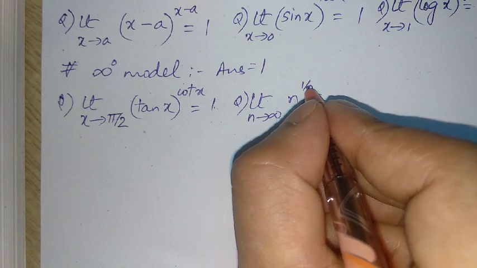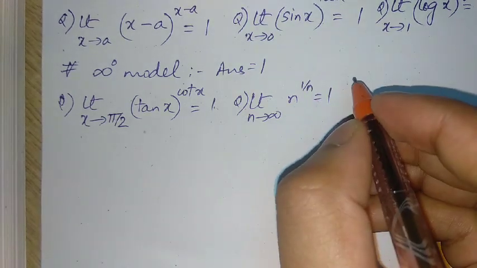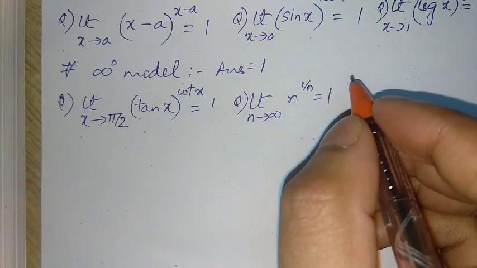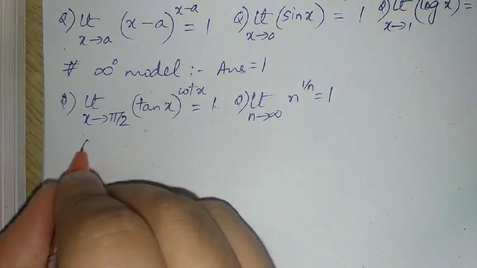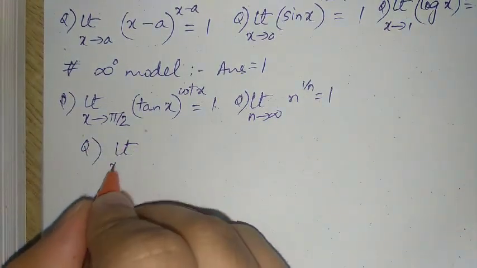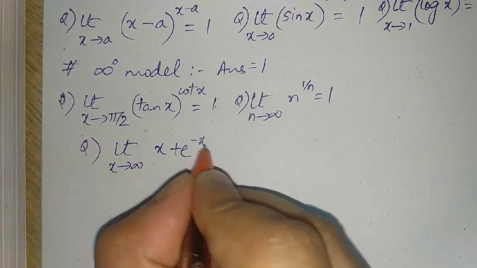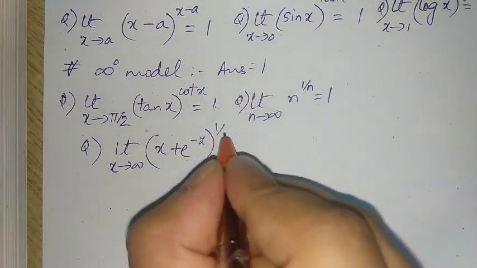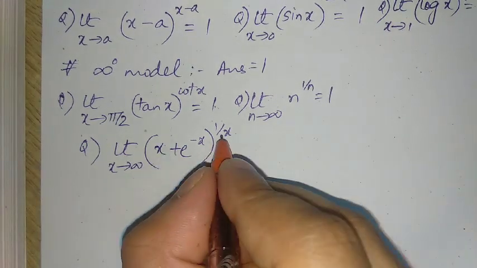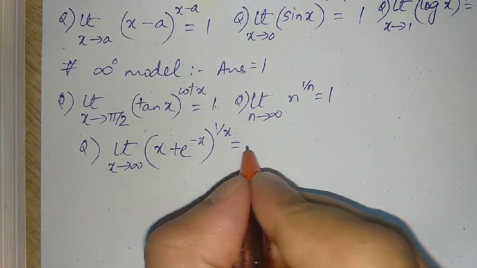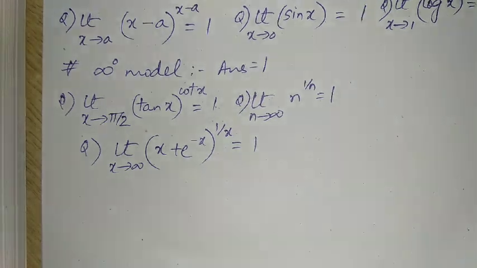This is also infinity to the power 0, and hence the answer is 1. Final question for this model, limit x tends to infinity, (x plus e to the power minus x) to the power 1 by x. So this is infinity to the power 0. This is also equal to 1.